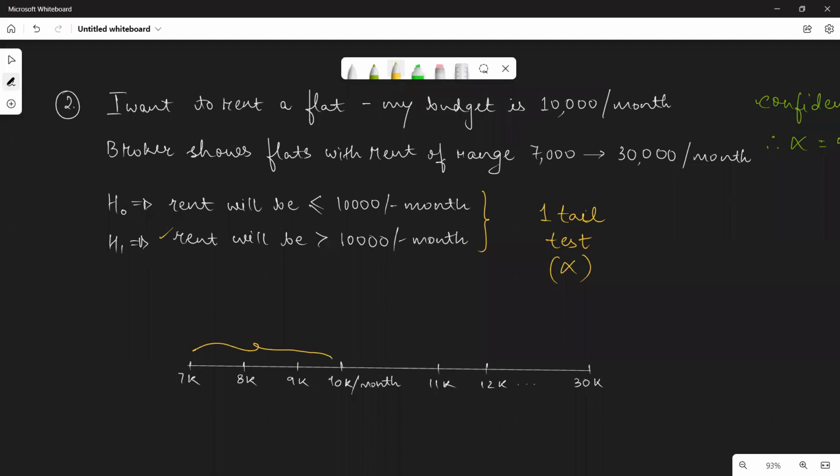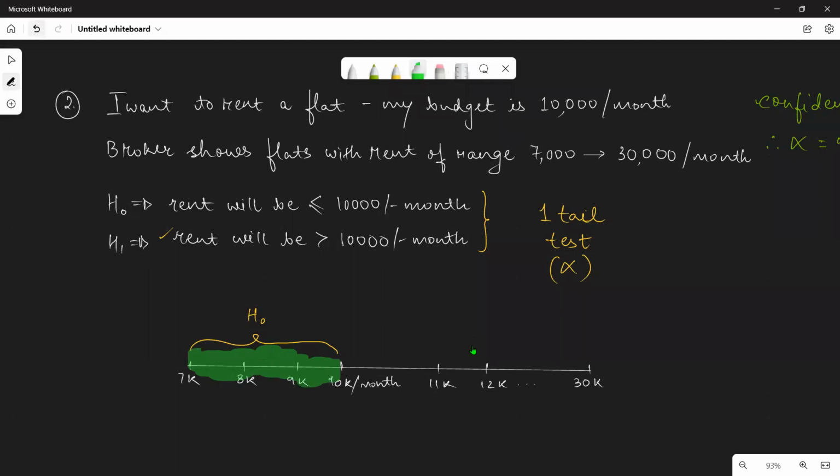So what is this much area of the graph denoting? It's not the acceptance region. It is basically showing H0, because H0 is less than equal to 10,000. So the same thing is being reflected here.